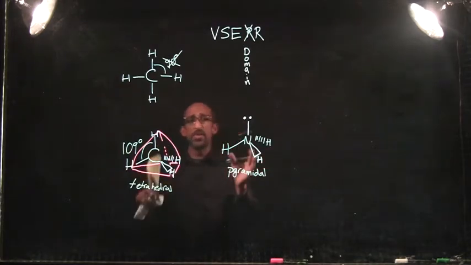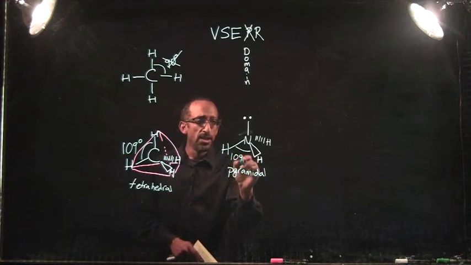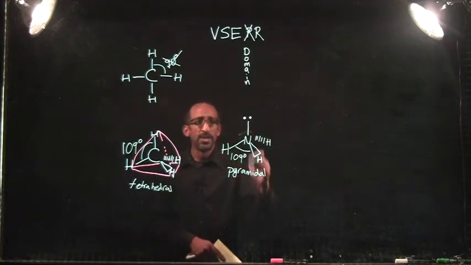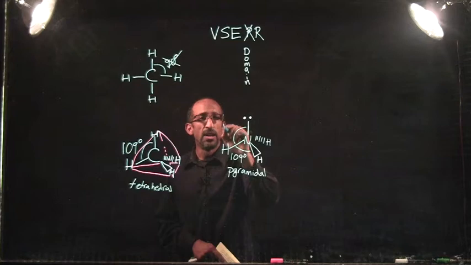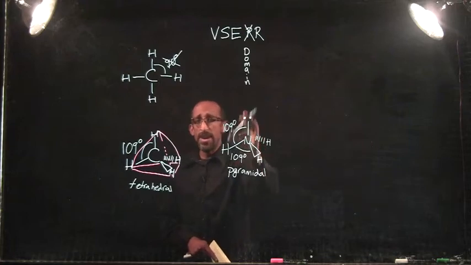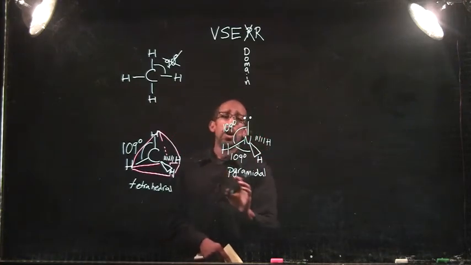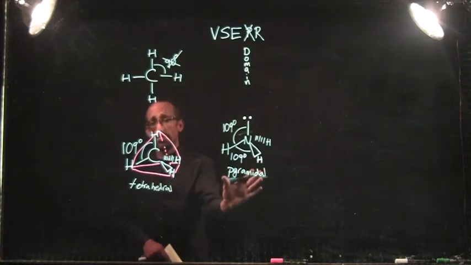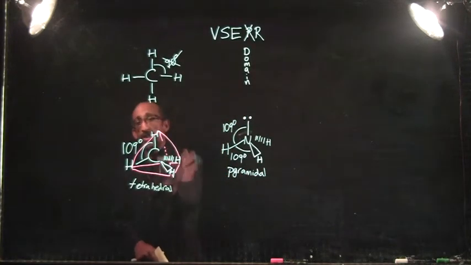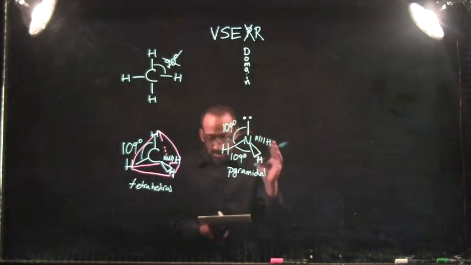So even though they both have the same 109 degree bond angle, and we would have also here a 109 degree angle between this nitrogen-hydrogen bond and this lone pair, right? Because we're missing this atom up here at the top, we're going to call this pyramidal. When we have all 4 of these atoms, it's known as tetrahedral, right?